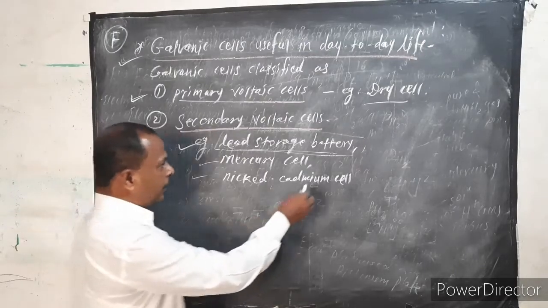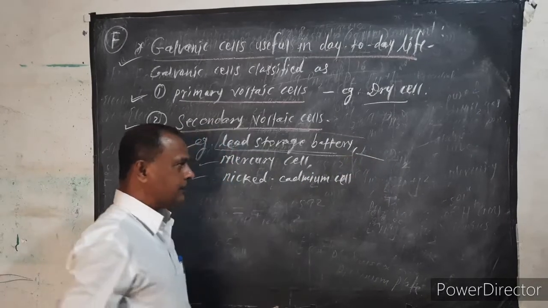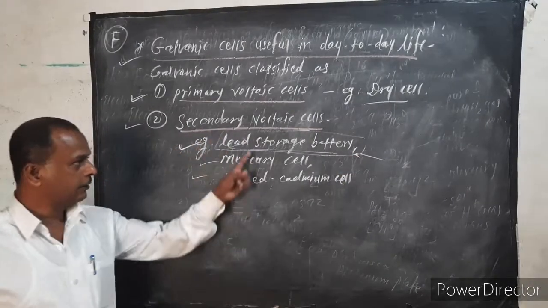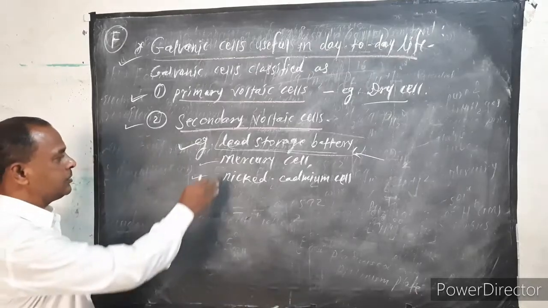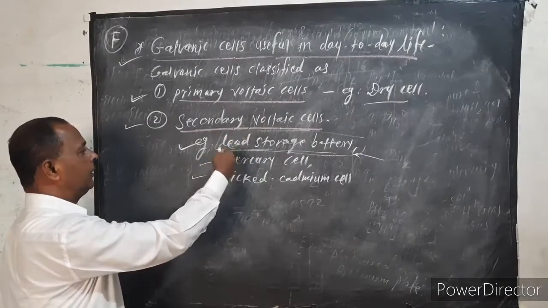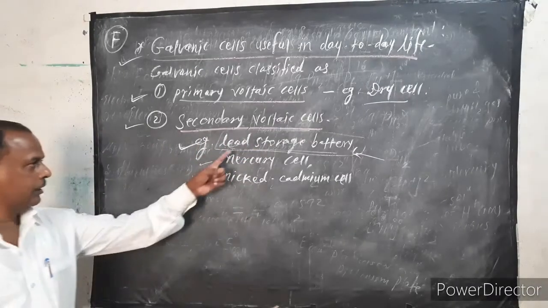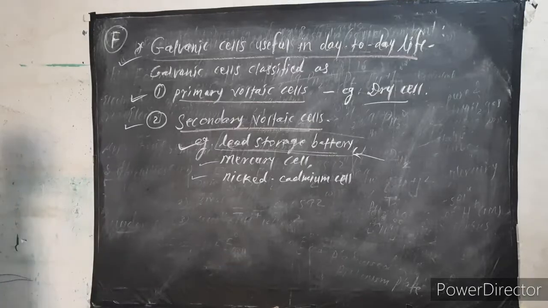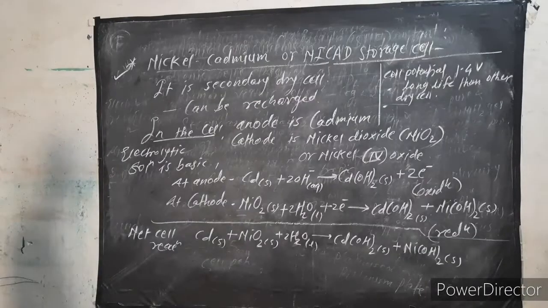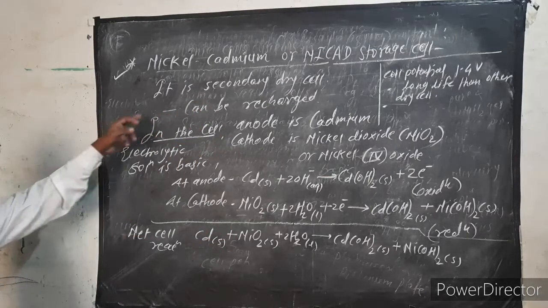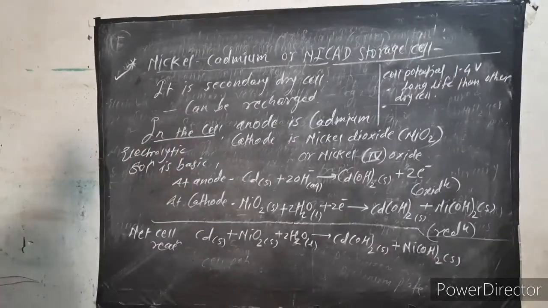But when you recharge the lead storage battery, it acts as an electrolytic cell. So it acts doubly, in both roles. Next, the nickel cadmium or NICAD storage cell. Nickel cadmium cell is short for NICAD storage cell. It is a secondary dry cell, and it can be recharged.